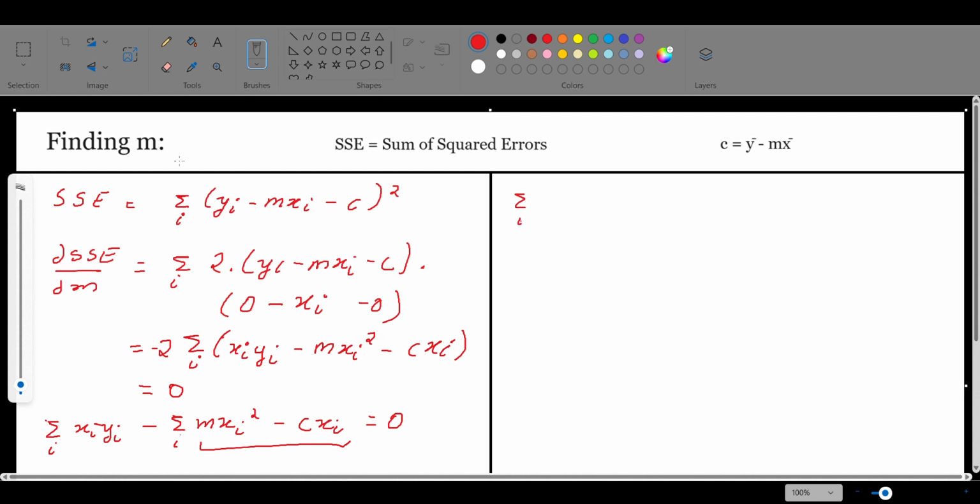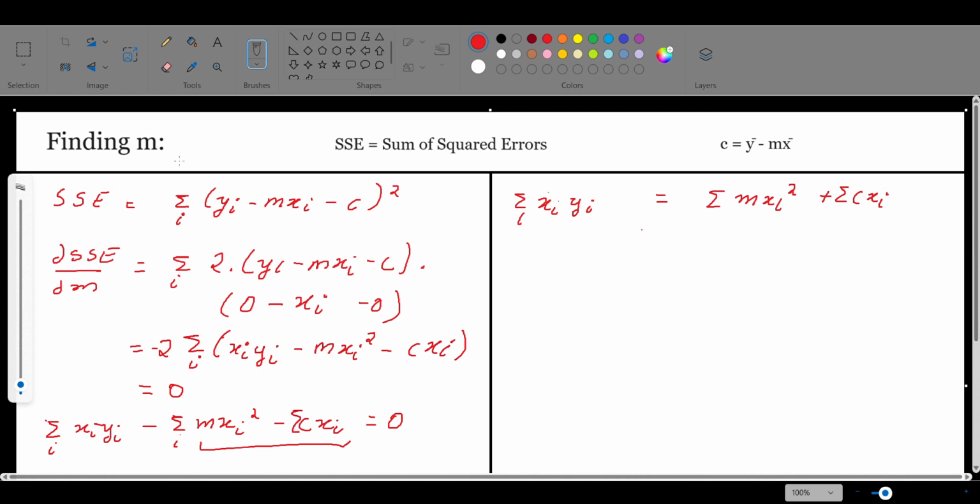So summation i of xi yi is equal to summation of m xi squared plus summation of c xi. Once again I forgot to add the summation sign in the previous line. There should be a summation over here.